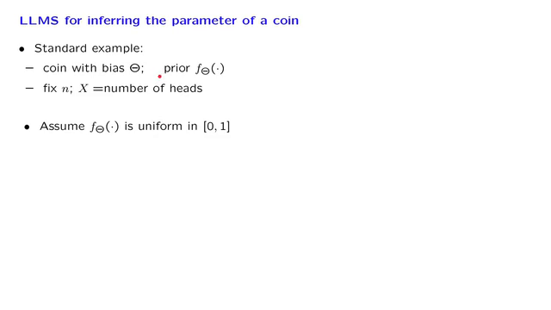To make things more concrete, we're going to assume a prior distribution on theta that is uniform on the unit interval. Now, this is a problem that we have considered before. We have calculated the expected value of theta given x, and we did find that the expected value takes this particular form. Now, notice that this is a linear function of x.